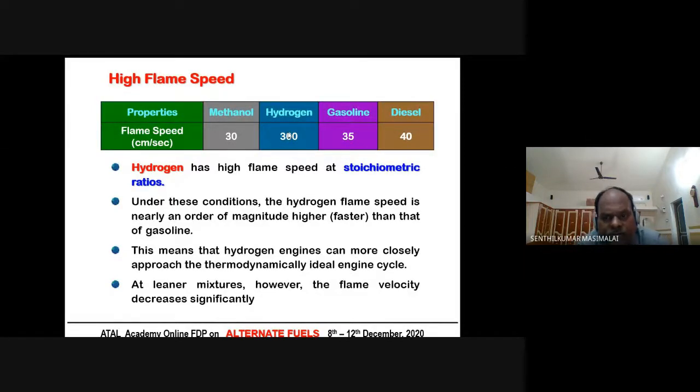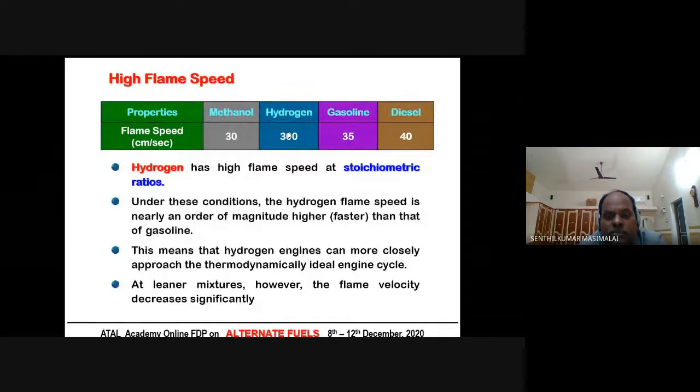Then the flame front propagates through the unburned mixture, and only during the expansion do you have the end of combustion. This is called progressive combustion. Combustion spreads over a period of time.